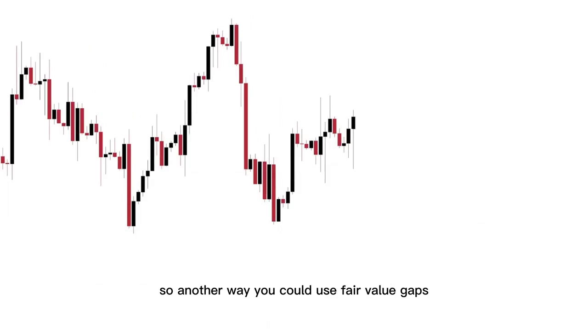So another way you could use fair value gaps, which is the way I personally use them, is as targets. So let's say you have a setup here that you want to take. Let's say all your criteria has been met.